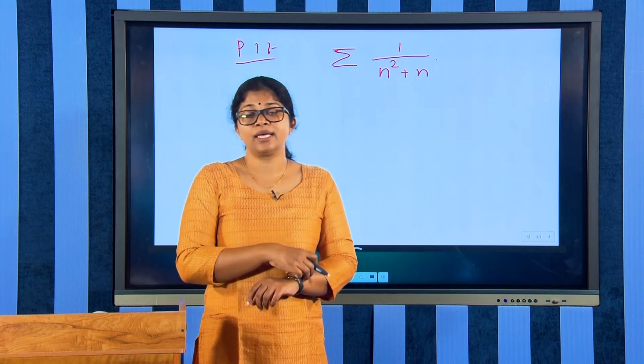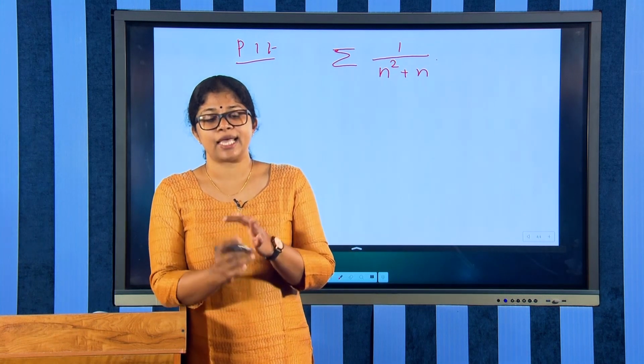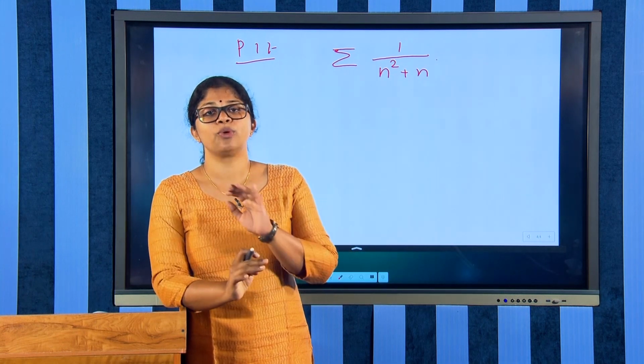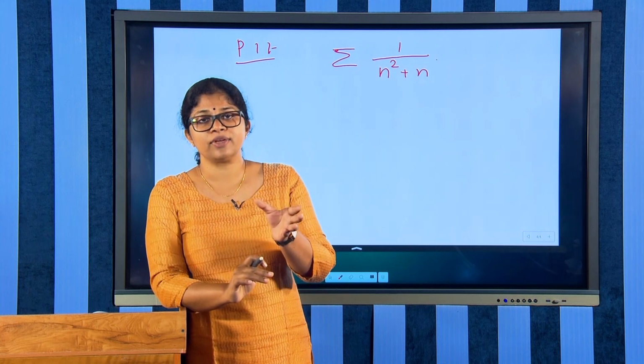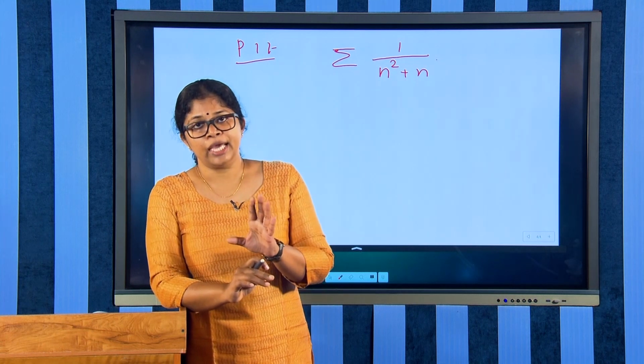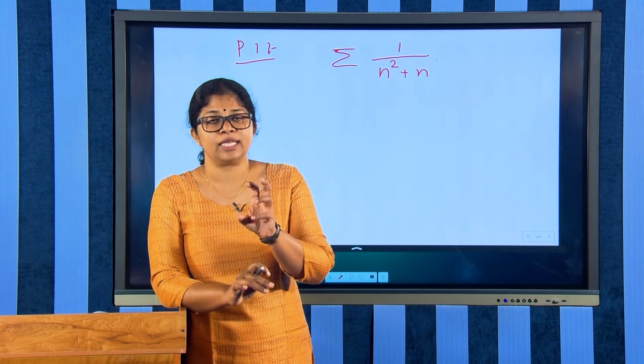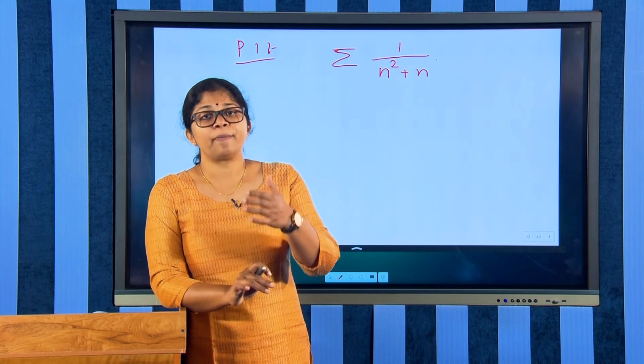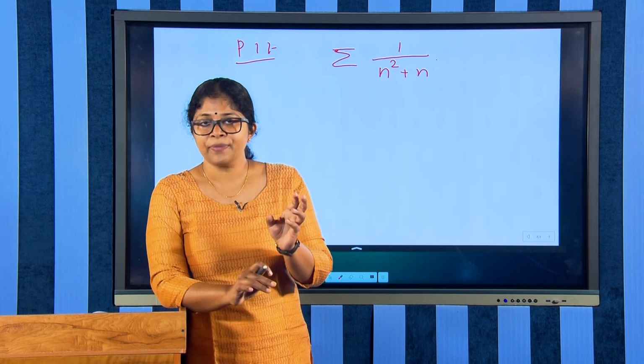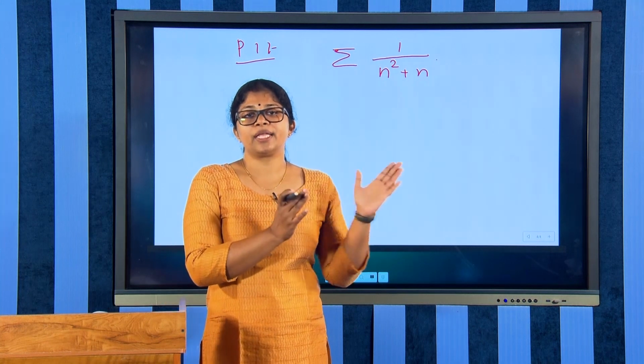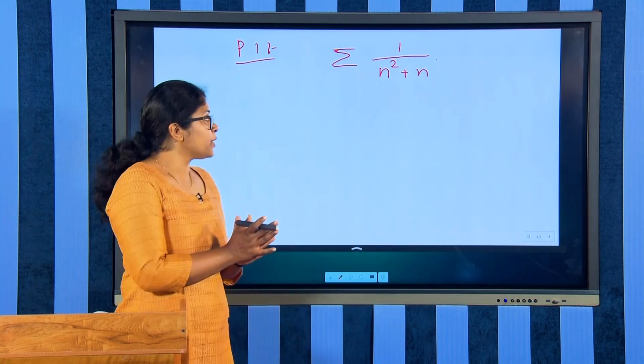Remember that the direct comparison test as well as the limit comparison test only say whether the given series converges or not. It will not give you the sum of the series. We have to apply some other techniques to get the sum, but we can very well say whether it converges or diverges.